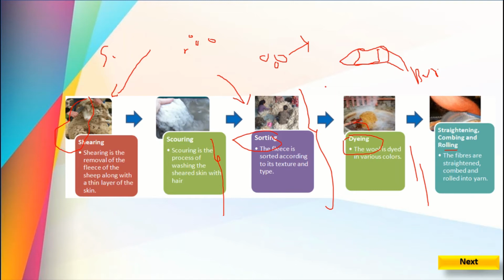So here, the extra we learned is that they are sorted by length, color and how coarse, meaning rough, they are. The coarse wool is for mats, and the soft wool is for making clothes.